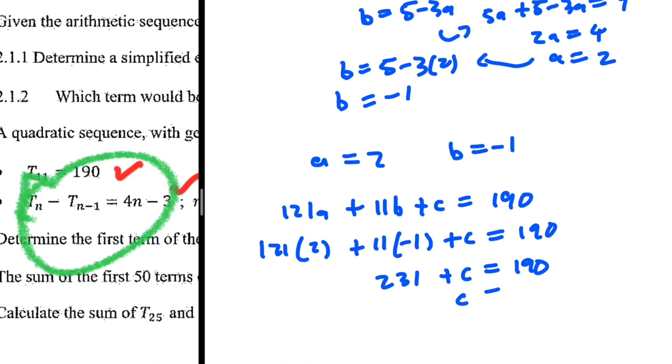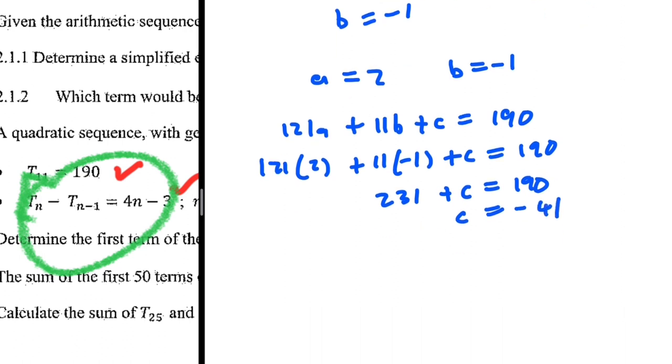So c is equal to 190 minus 231. We get minus 41. So Tn will be equal to, I want to determine Tn because I will use it to see if I get T11 equal to 190.